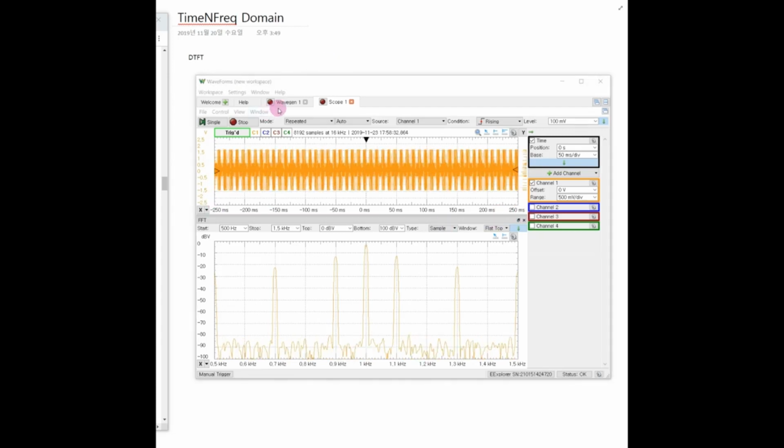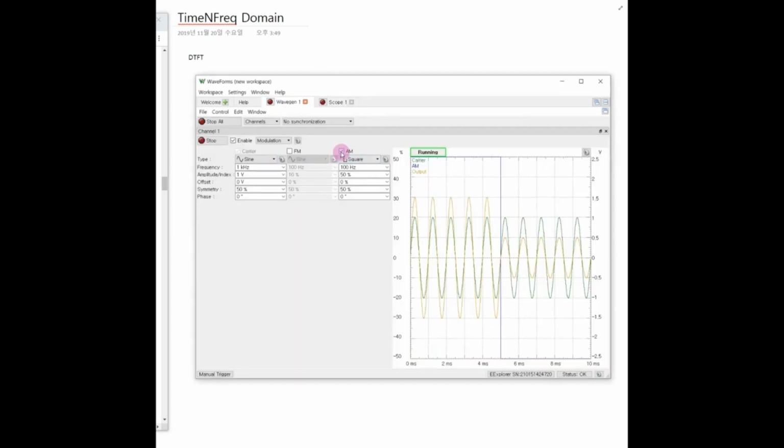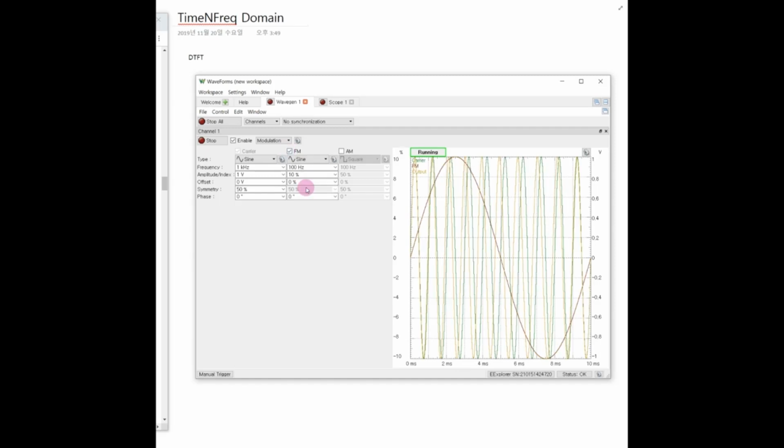What about FM modulation? We talked about the AM modulation out here. So I'd like to change that one into FM modulation. At this moment, the carrier frequency is 1 kHz, and this one is 100 Hz. 100 Hz means the data rate.